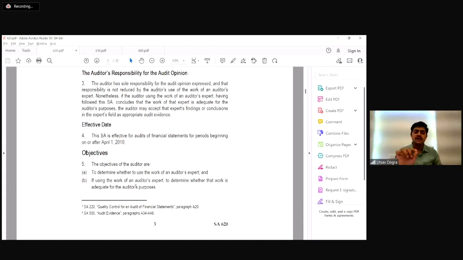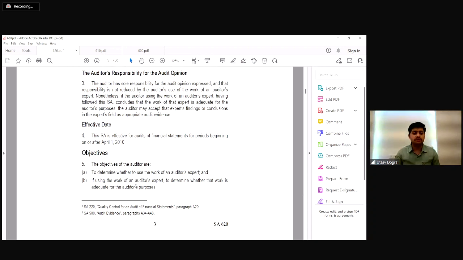Please note that the word here is may. The auditor may accept the expert's findings or conclusions in the expert's field as appropriate audit evidence. So he can rely upon the work when the auditor believes that the work of the auditor's expert is good enough to be relied upon, and has been conducted properly.